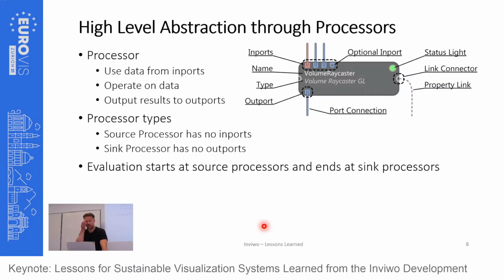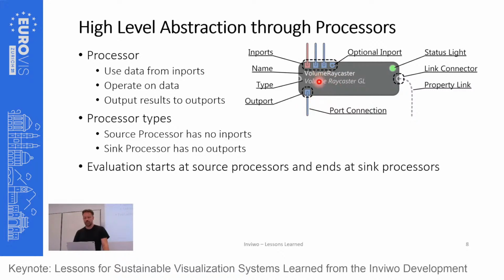So I would like to talk about 3 levels of abstraction now: high level, mid level, and low level. The high level is done through processors and the network architecture. Processors use data from inports, which comes in from potentially another processor, and then they consume the data. They process it, and then they can give data out on an outport.